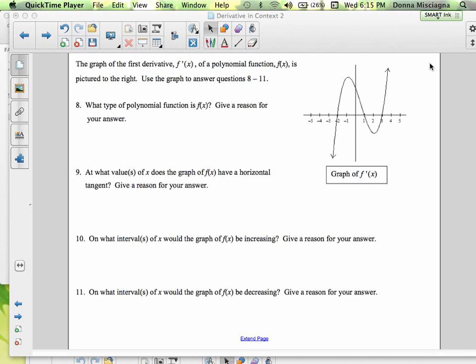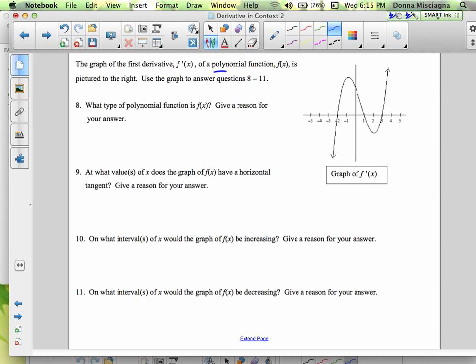Well, if we look here, notice it says that it's a polynomial function. Right? So f prime of x is a cubic function. And when we have polynomial functions, we can use the power rule.